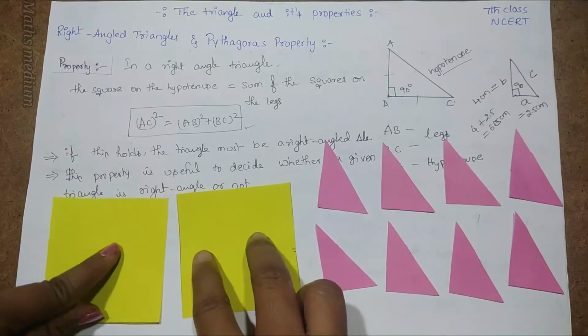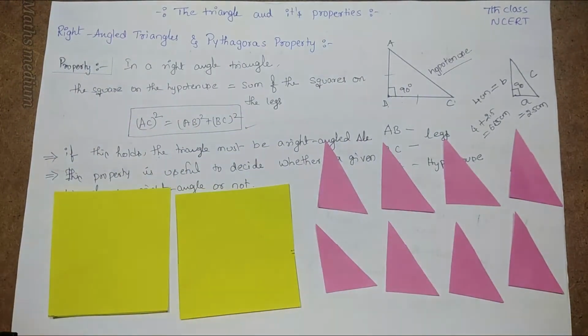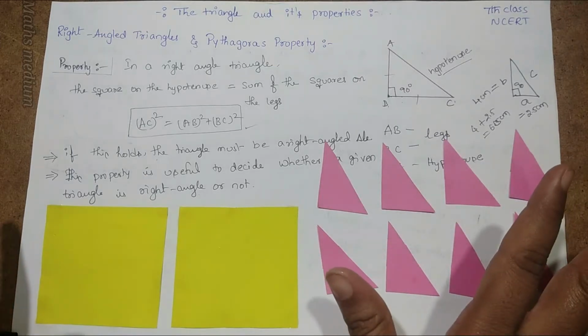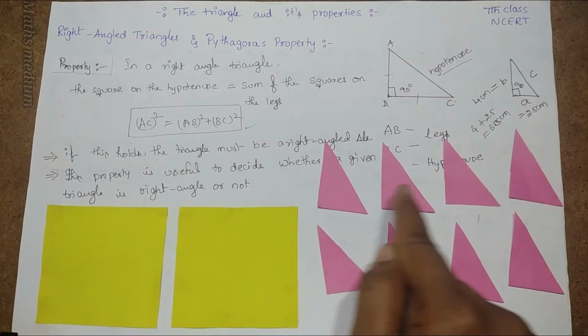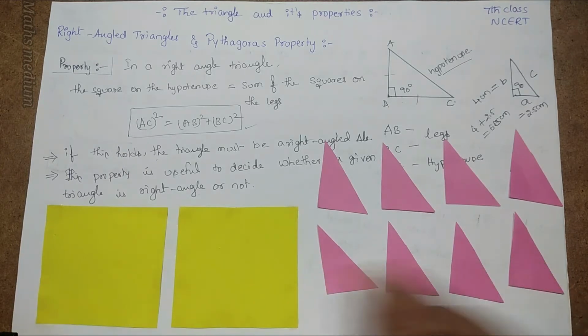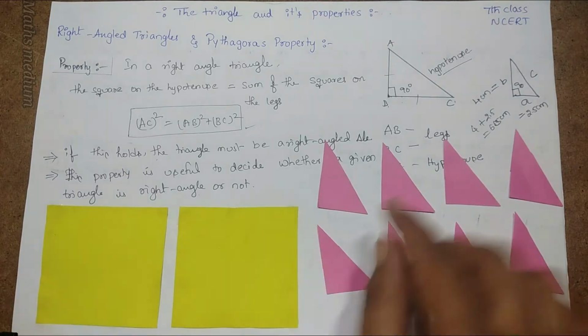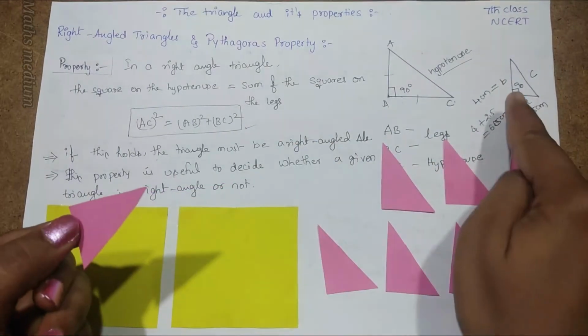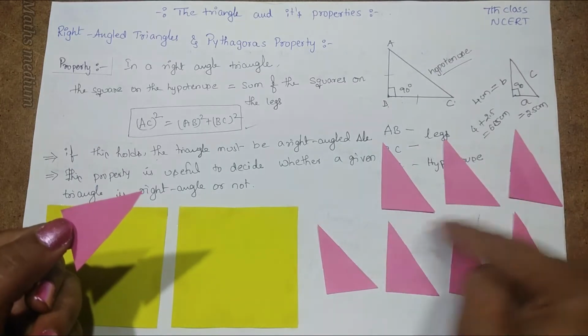Let's take these 2 similar squares. These 2 squares are similar, and these 8 triangles are similar. Now what we have to do is take 4 triangles for this square and the remaining 4 for this square. Now it has length B and A as per this diagram, right? Here also the same.